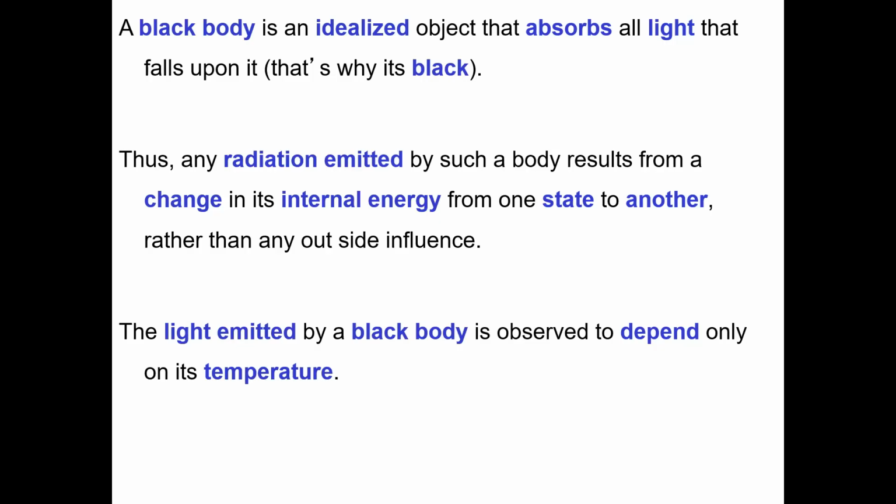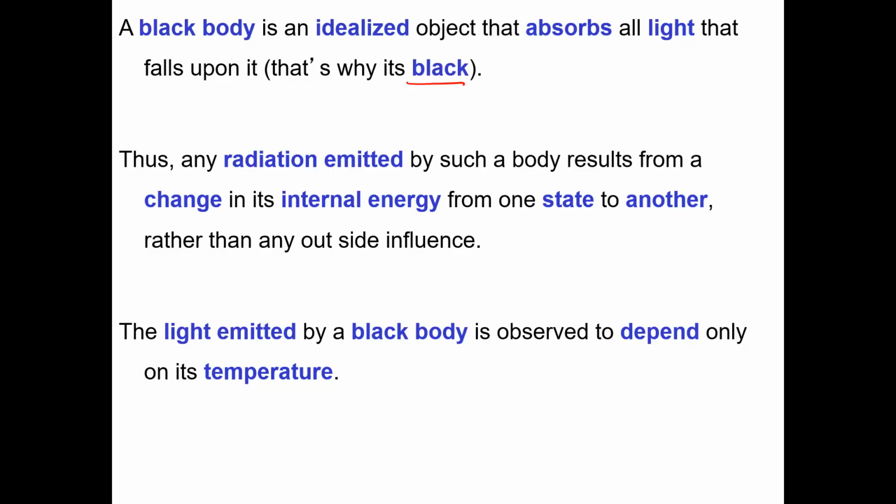Well, a black body is an idealized object. It probably doesn't exist in reality, right? But it absorbs all light that falls upon it. That's why it's black. So a mirror is not a black body because a mirror reflects most of the light that hits it.